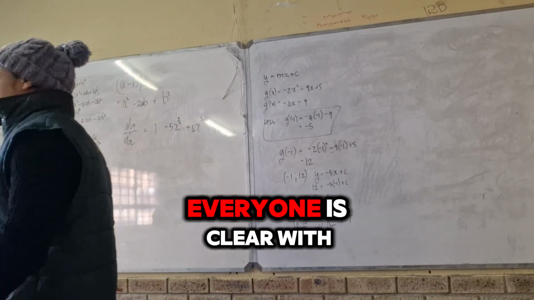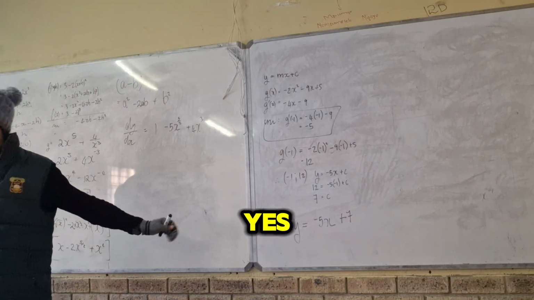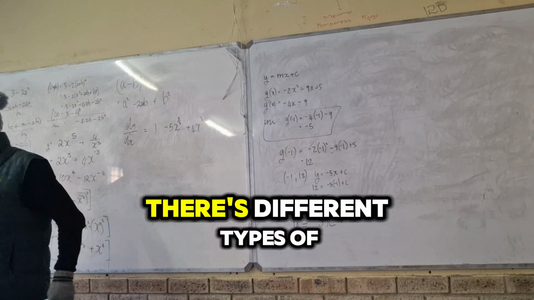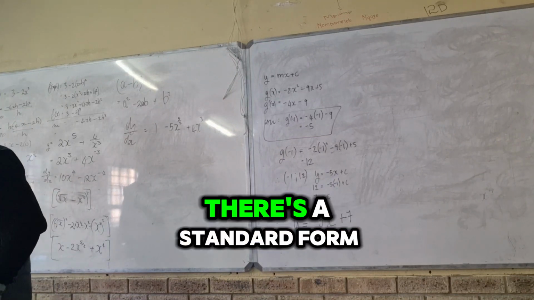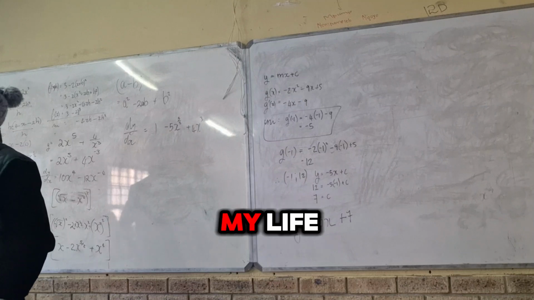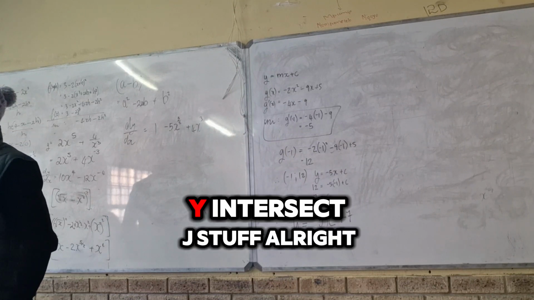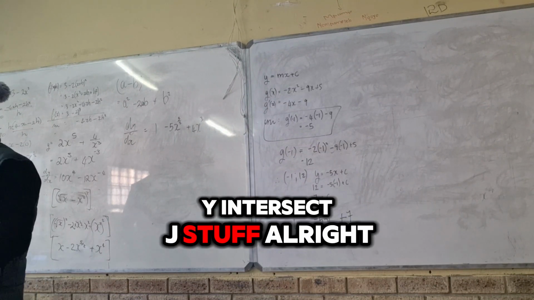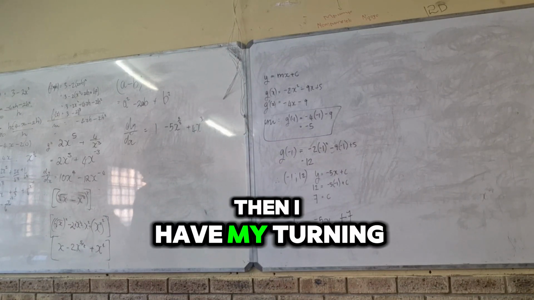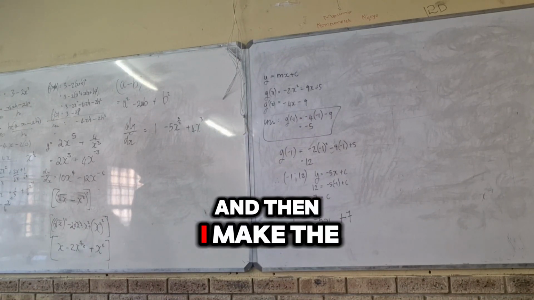Let's turn the page. Is everyone clear with that example? Okay. There are different types of questions that go here. There's a standard form where we know our function, and that d value is my y-intercept. Then I have my turning point form, and then I have my intercept form.